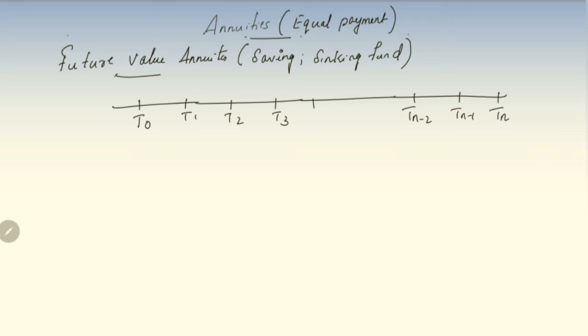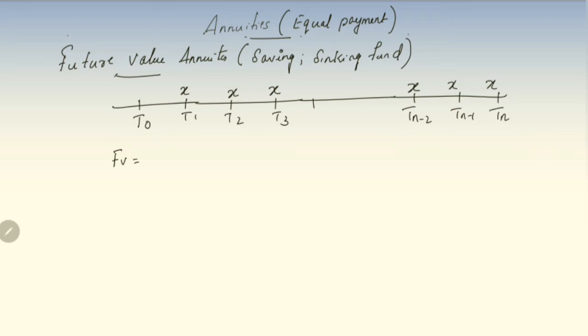Every month I am saving a particular amount of money. That equal amount at the end of the first month, here I am putting X. We use the letter X to represent the equal payment or installment. So for savings, I have to save X at the end of every month. So the end of the first month X, then here X, here also X, and it continues up to here. Is it clear?